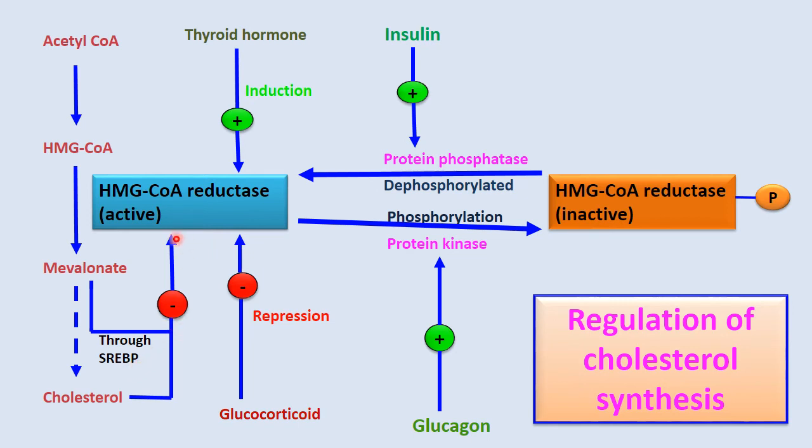So this regulates the activity of HMG coenzyme A reductase, and in this way the hormones glucocorticoid, glucagon and epinephrine reduce the activity of HMG coenzyme A reductase, and finally the synthesis of cholesterol is reduced or stopped. The inducing or stimulating hormones are thyroid hormone and insulin.